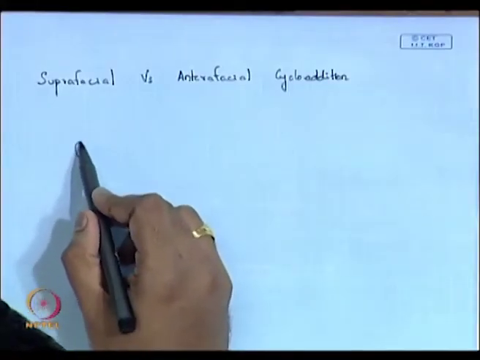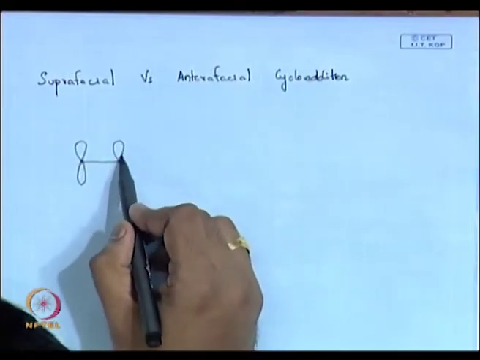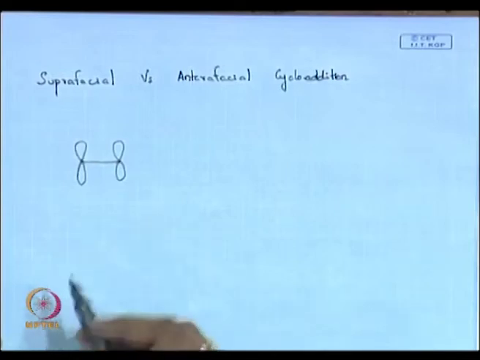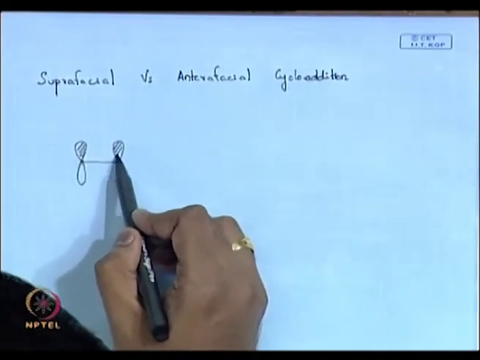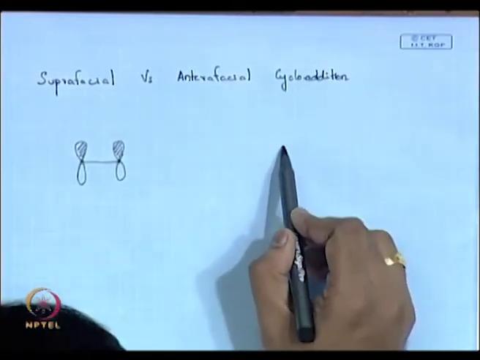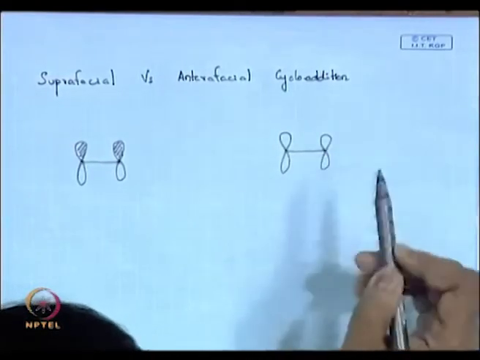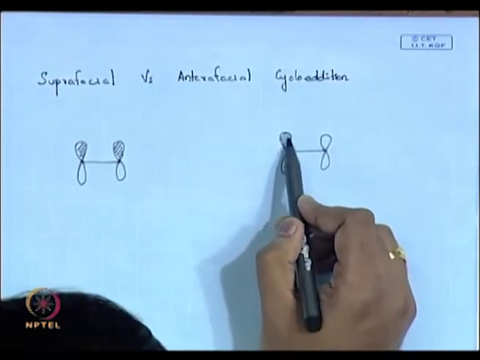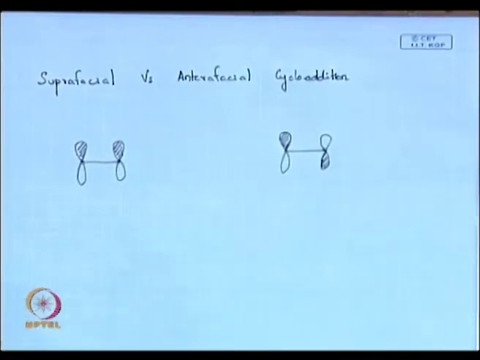For example, I am taking a molecular orbital like this. In another case, I have a system like this.